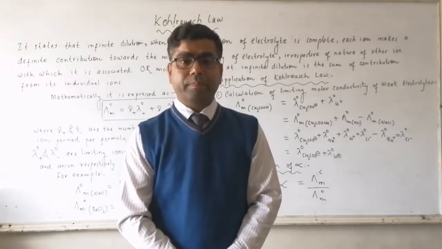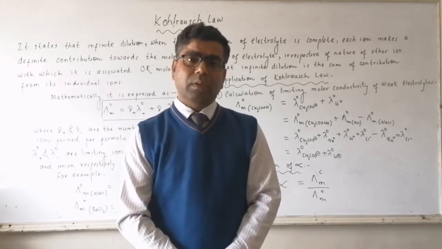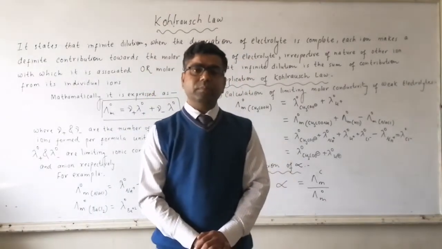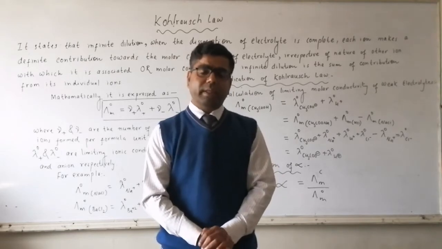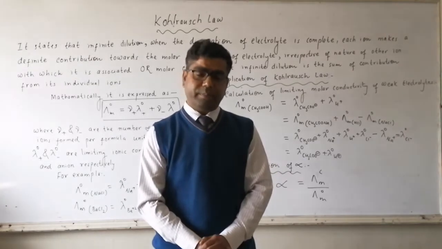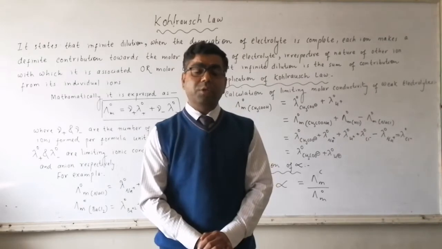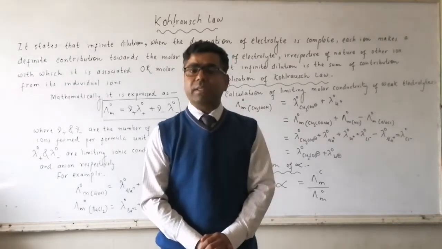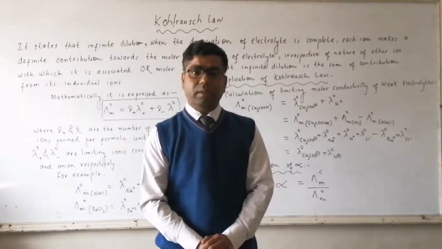Now today we will talk about limiting molar conductivity for weak electrolytes. Yesterday we have seen in the graph which was plotted between molar conductivity and square root of concentration that for strong electrolytes, the limiting molar conductivity can be calculated by extrapolation of the graph because the graph was linear, straight.